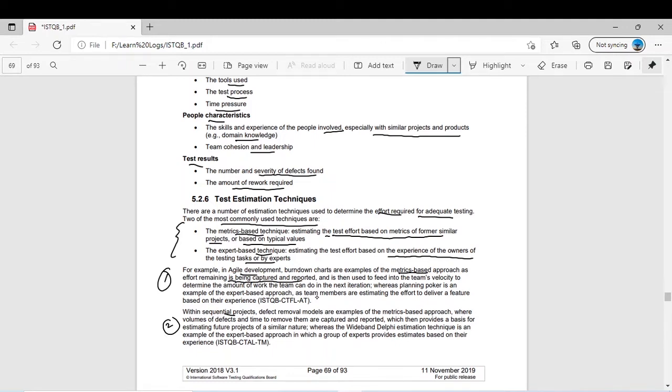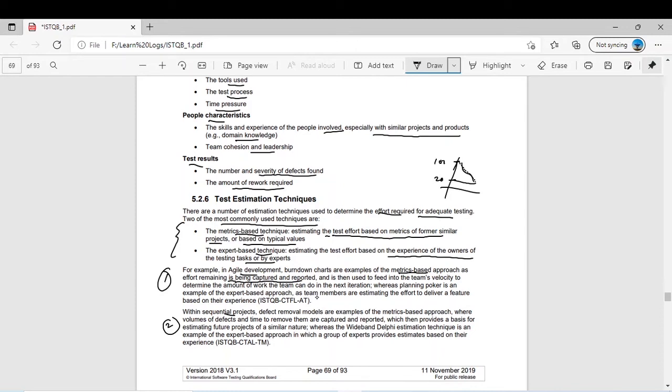How does it work? Maybe those who are already familiar with agile development have seen burn down charts. Let's say at the start of a month we have 100 requirements, and these requirements have been reduced by the end of the month, or 2 weeks, let's say, and they have come down to 20. So now these requirements have been tested.